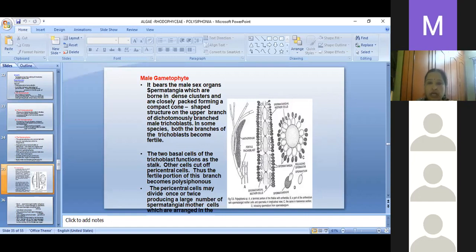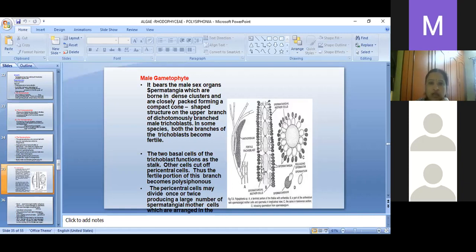It bears the male sex organs, spermatangia, which are borne in dense clusters, closely packed, forming a compact cone-shaped structure on the upper branches of the dichotomously branched thallus. Here the trichoblast is present, and in that trichoblast the branches become fertile branches.